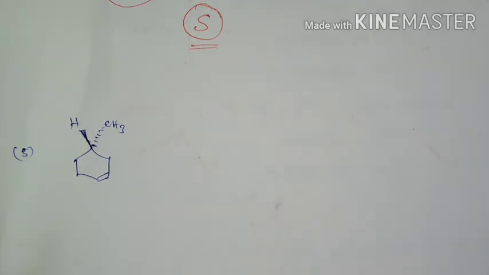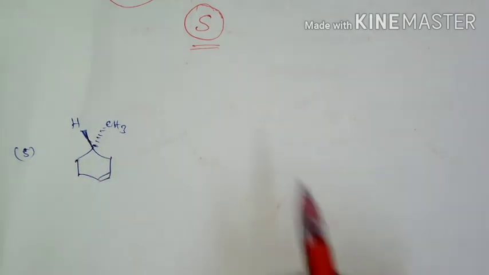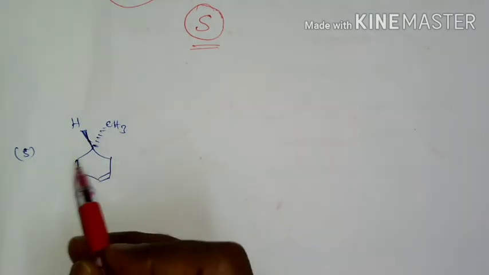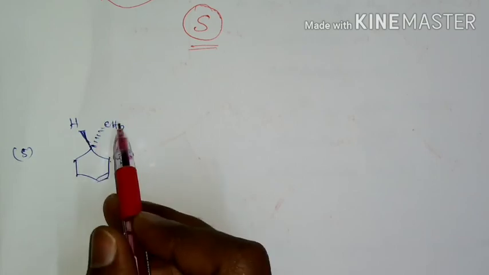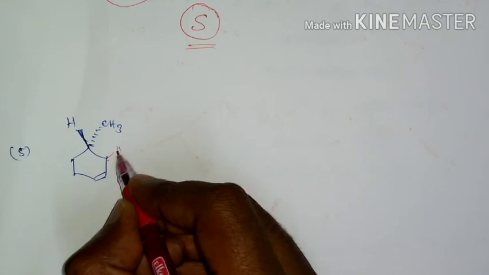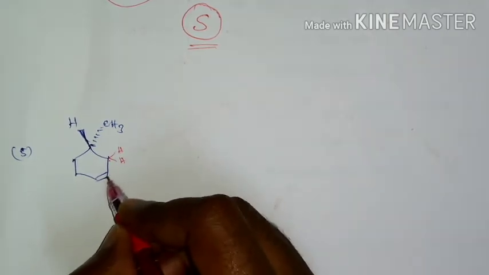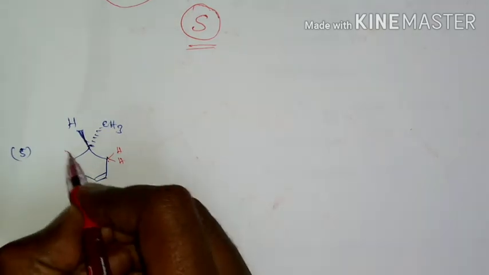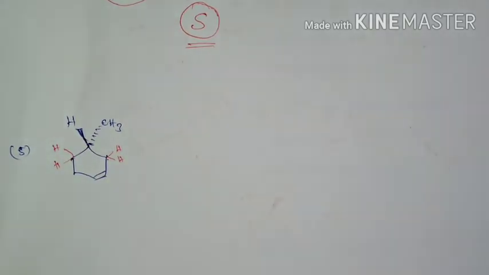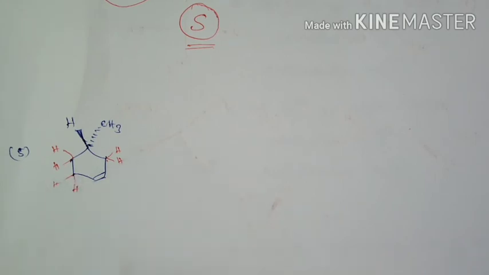So first we need to assign priorities. If you come to this molecule, carbon, carbon, carbon, all are carbon. Here this carbon is attached to 3 hydrogens. This carbon is attached to 2 hydrogens and a carbon which has a double bond. Here this carbon also has 2 hydrogens, and it is attached to a carbon which is again carrying 2 hydrogens.